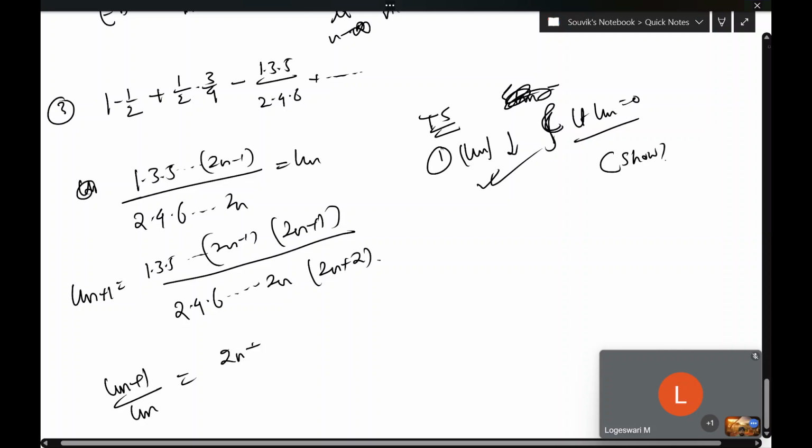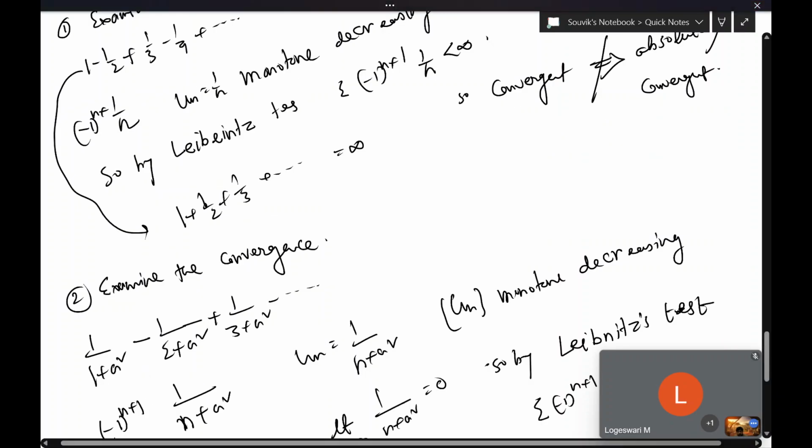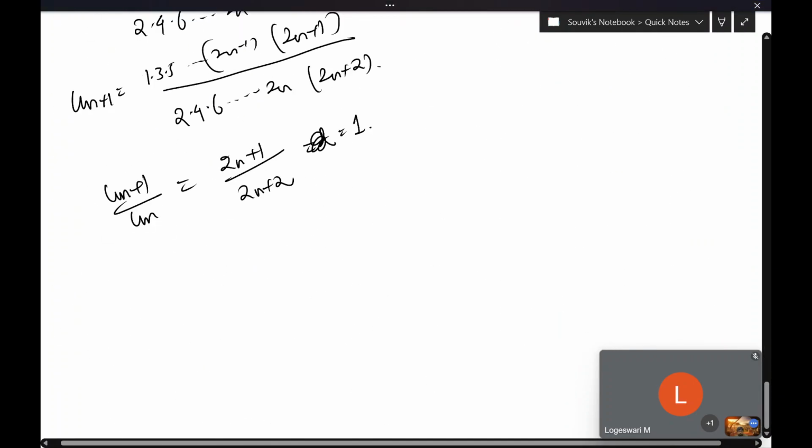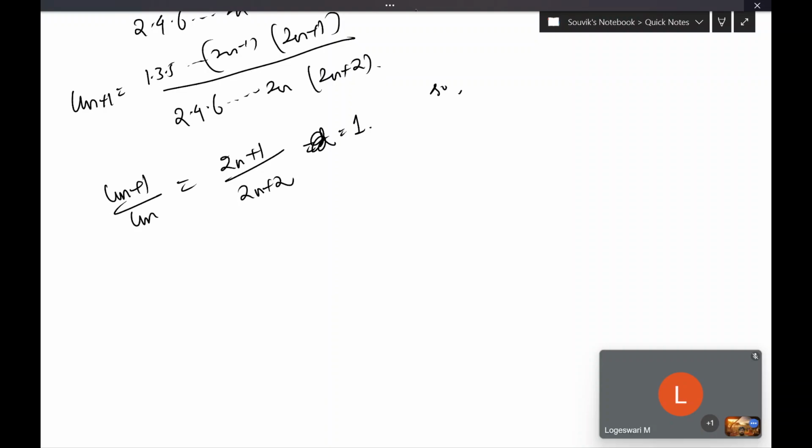This will be equal to 2n plus 1 by 2n plus 2, and the remaining value is 1. So the limit of u_n is equal to 0, and so by the Leibniz test, that series is convergent.